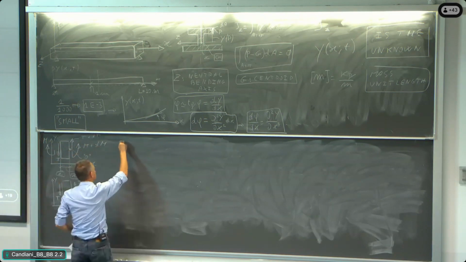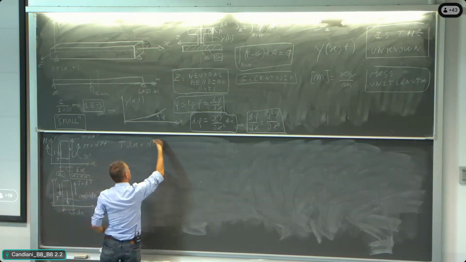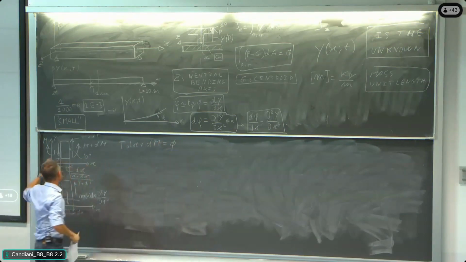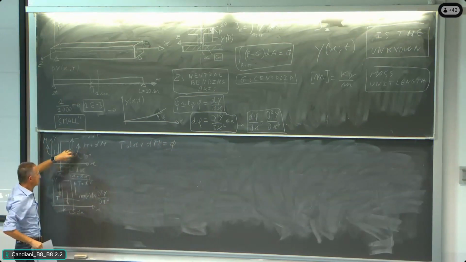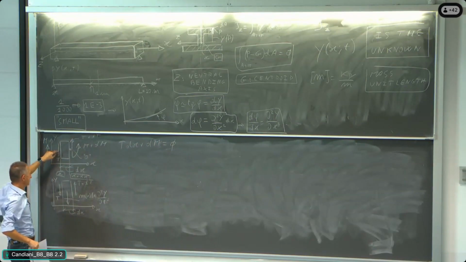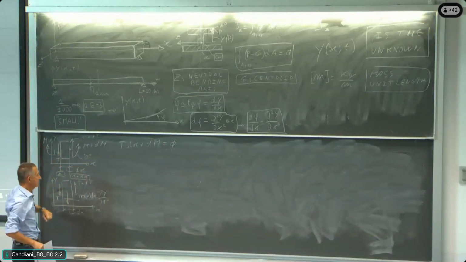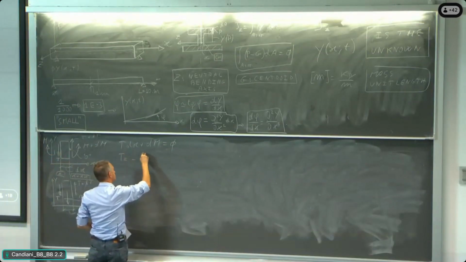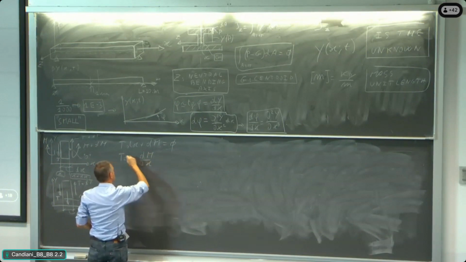So we are saying T dx plus dM is equal to 0, because this moment and this moment are canceling, all right? And so the extra dM plus the shear multiplying dx gives 0. And so we are saying that T is equal to minus dM over dx.